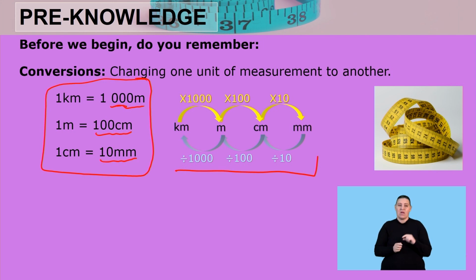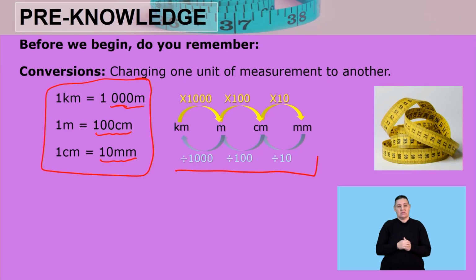With the other one, it's more like a diagram form. So, if we start at a point, let's say I start at kilometers. If I jump over and I want to convert from kilometers to meters, I must follow that path and times by 1,000. If I want to convert from meters to centimeters, I follow that path again, times by 100. If I want to go from centimeters to millimeters, I times by 10.